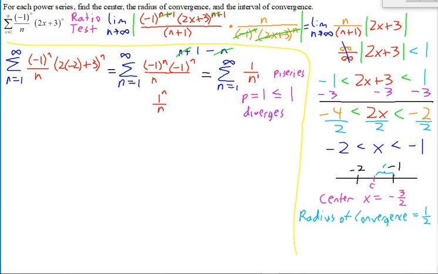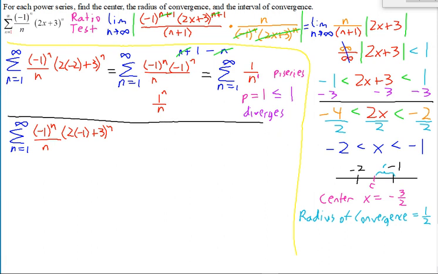Back in the original one, I'll give you negative 1 to the n over n, and 2 times negative 1 plus 3 to the n. So when you simplify that, you get the sum from n equals 1 to infinity.